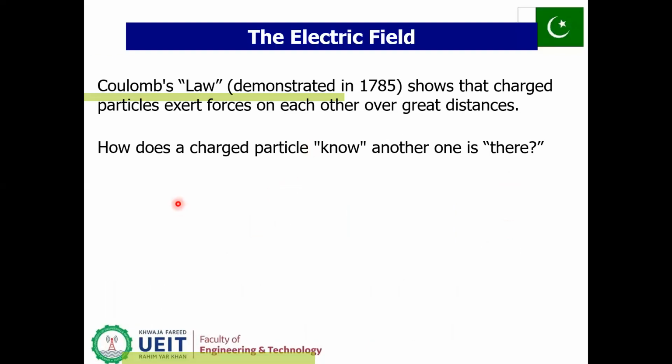The electric field, Coulomb's law, demonstrated in 1785, shows that charges exert forces on each other over great distances. How does a charged particle know another one is there?